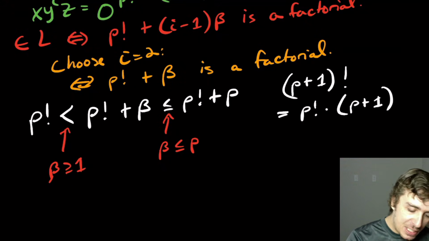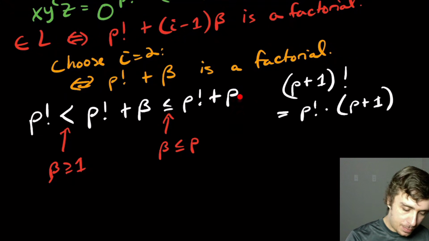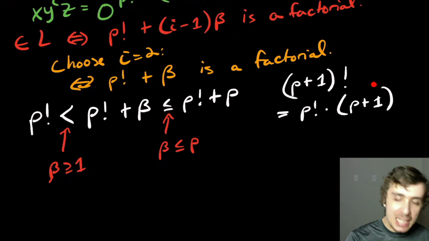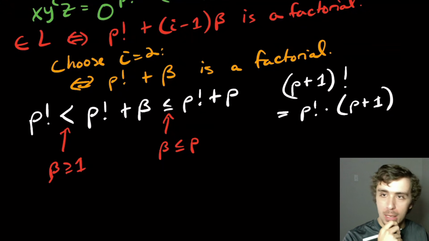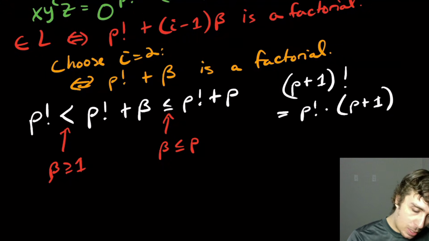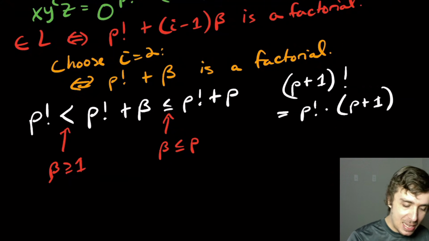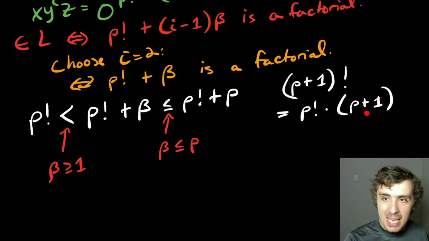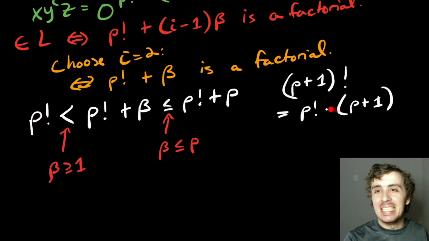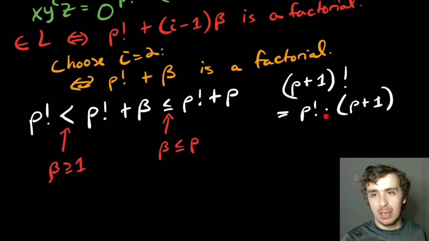So if this thing is strictly less than this, then we're done. Well, we can actually see this because adding p versus multiplying by p plus 1 is clearly going to be way bigger than just adding. So it's adding a small number compared to the factorial, versus multiplying it by something even bigger.